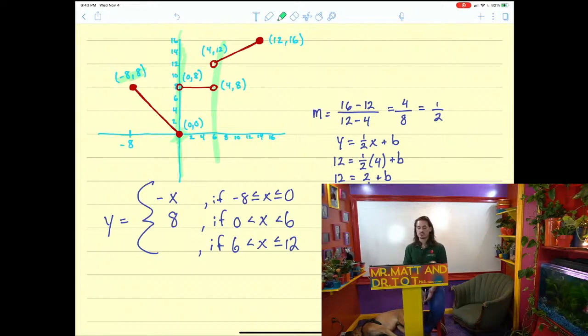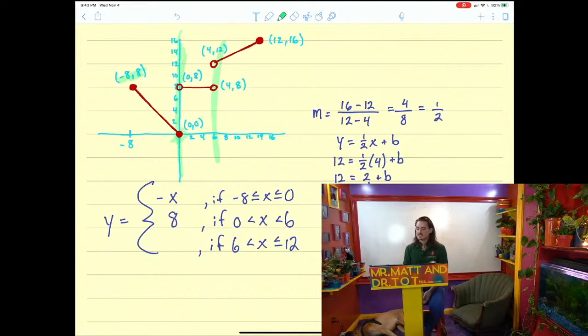So this is the graph of the negative x function, or y is equal to negative x. And that's if the domain is between negative 8 and 0 inclusive. So we have negative 8 less than or equal to x, which is less than or equal to 0.